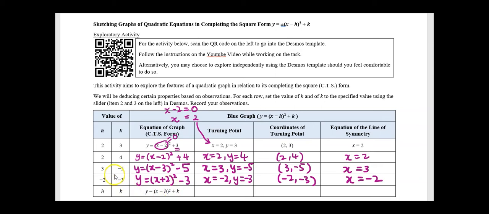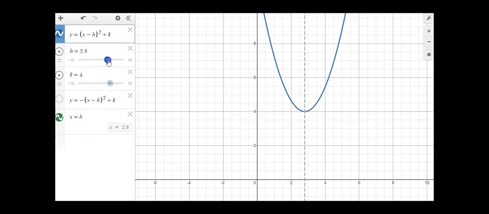So you should be able to observe that the same thing happens again for these two sets of values of h and k. When h is 3, k is -5, you get x equals 3 and y equals -5 for your turning point. And I'll just briefly use Desmos to show this one. So over here we set h to be 3.